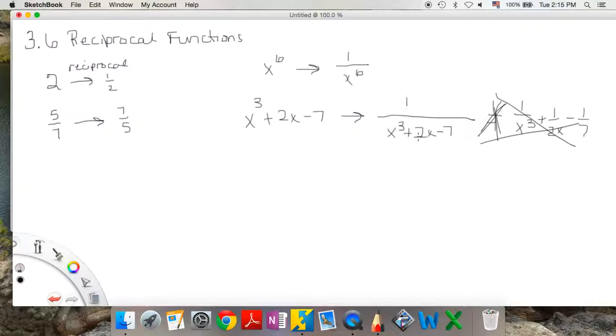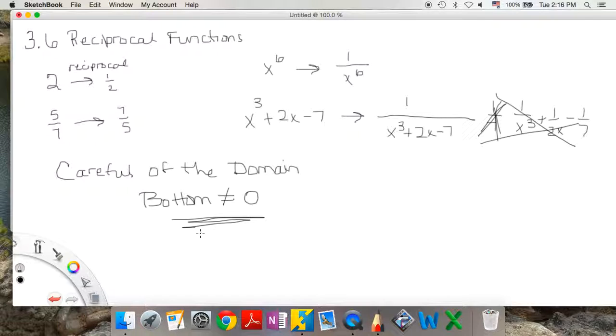Now, when we talk about these reciprocal functions, the biggest thing that we have to be careful about is the domain. Remember, the domain is any x value that we can have in the function. And you have to remember that the bottom of a fraction cannot equal 0. It's undefined there.